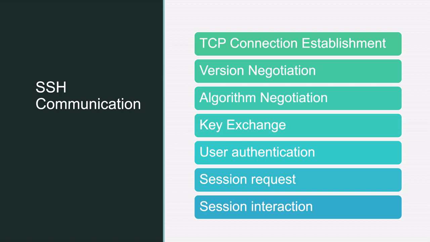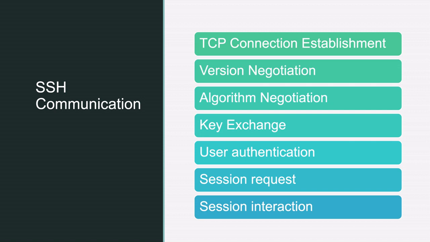The first thing is it will carry out a TCP connection establishment, wherein it will try to do a negotiation of different things like version, algorithm, or the key exchange algorithm that are going to be used between the client and the server parties.